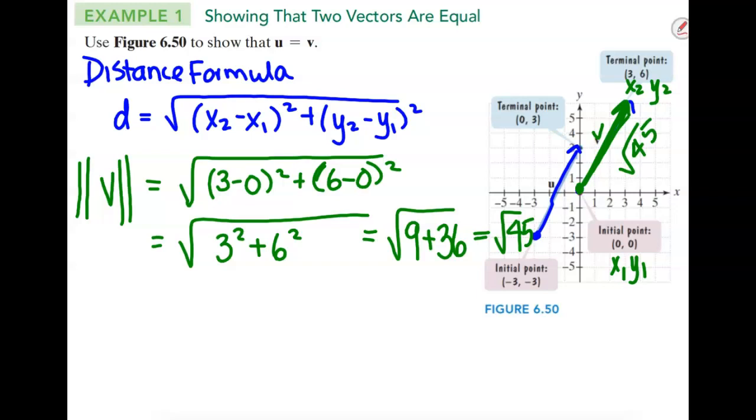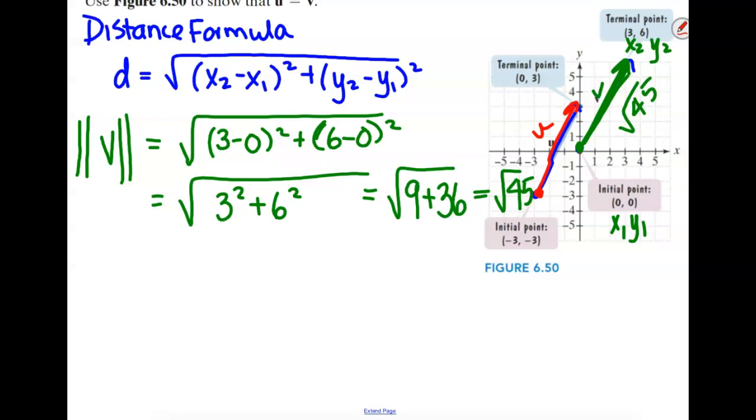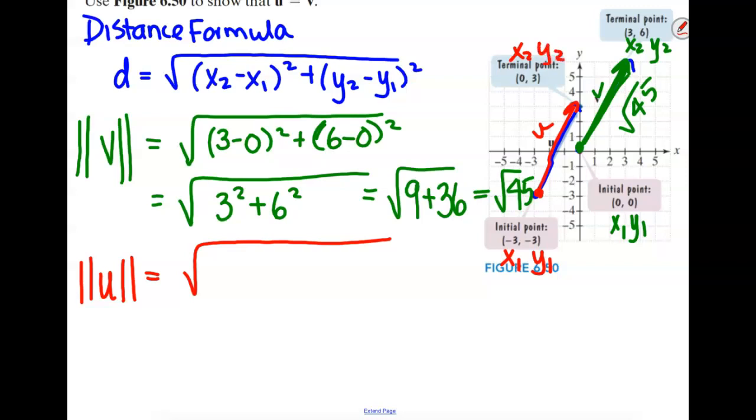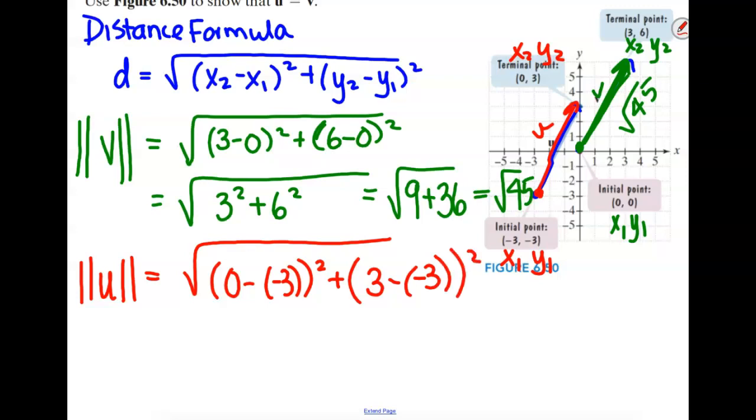All right, now I want to find the length of vector u. So this vector in the red. I'll do the same distance formula. Notation for magnitude or length is the double vertical bars. Substitute in. We're going to let this be x sub 1 and y sub 1. And then this be x sub 2 and y sub 2. So 0 minus negative 3 all squared plus 3 minus negative 3 squared.